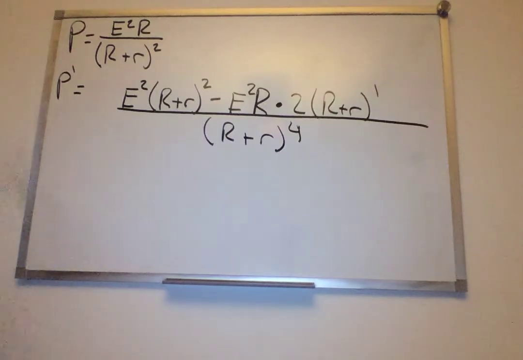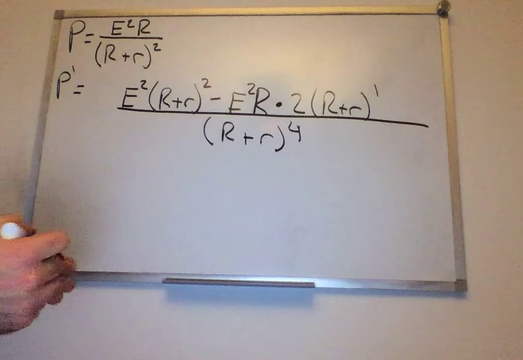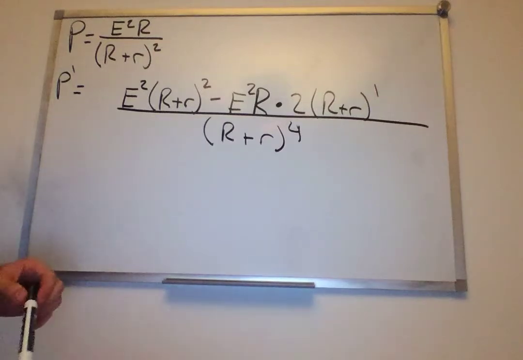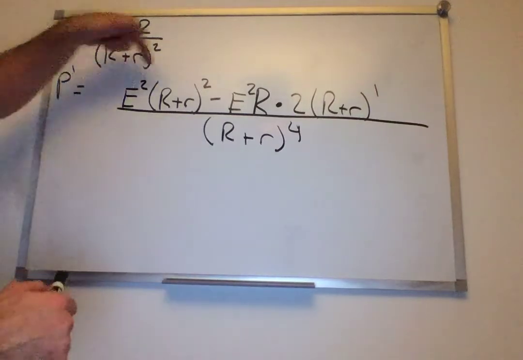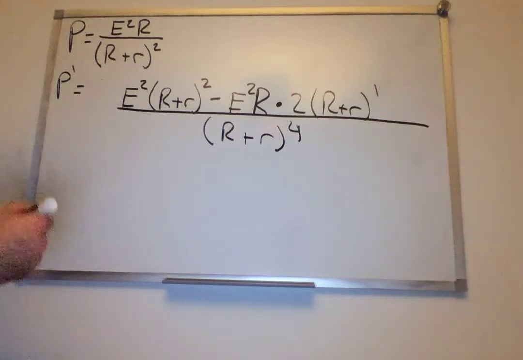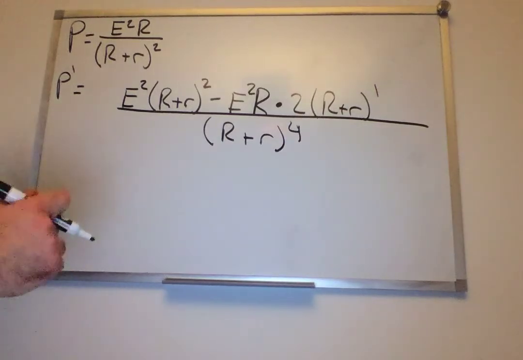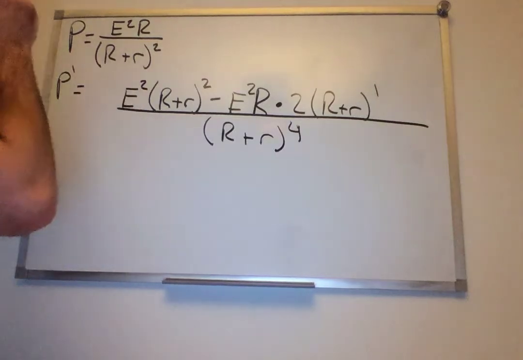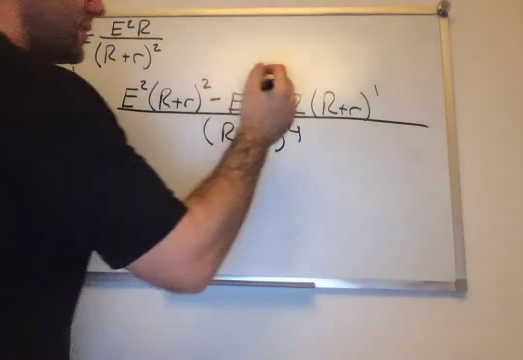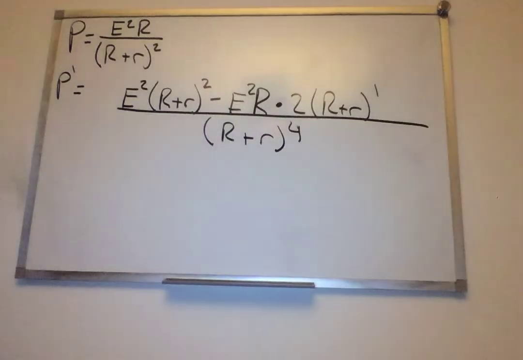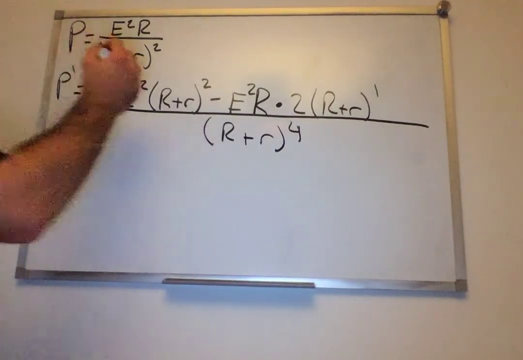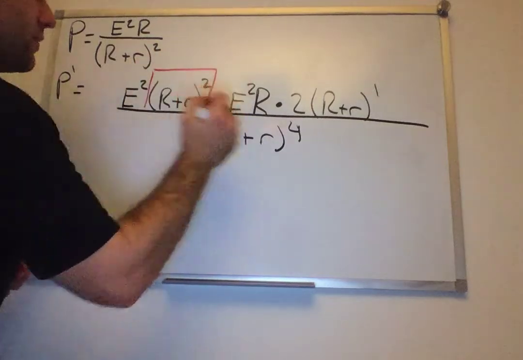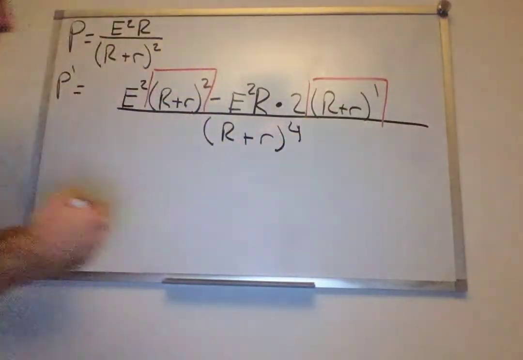All right, so we're setting this thing equal to 0. Now, to set this equal to 0, we just need the numerator equal to 0. So let's go ahead and simplify the numerator a little bit. You notice, I'll do it in a different color. Look at right here, and look at right here.